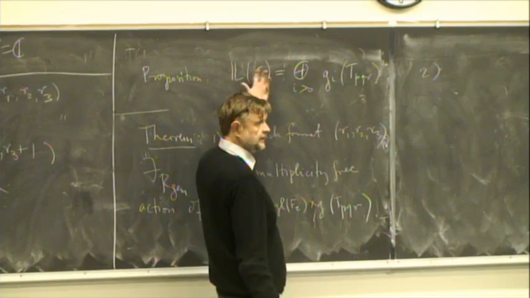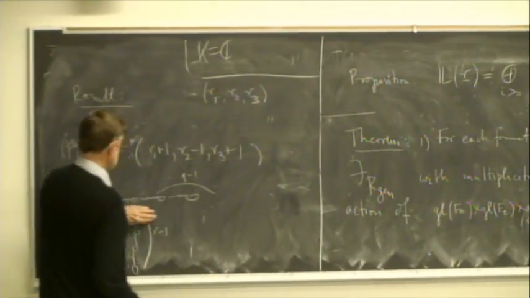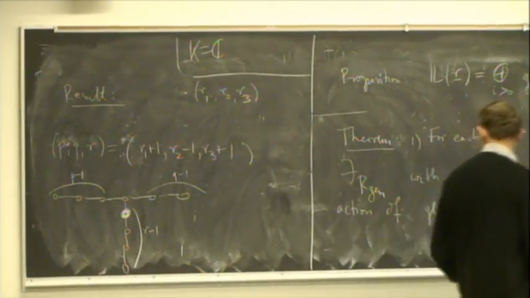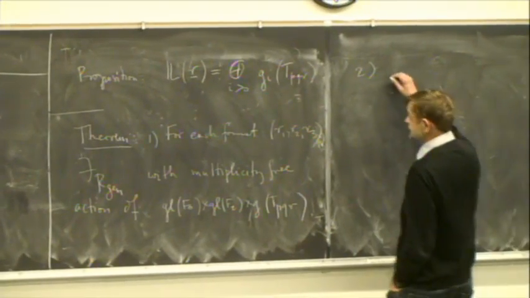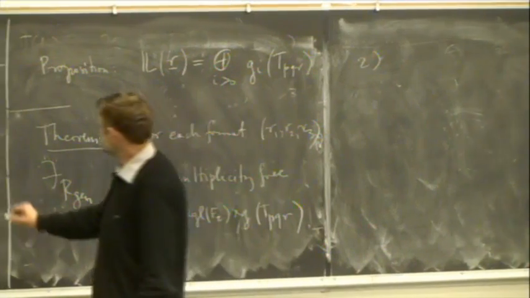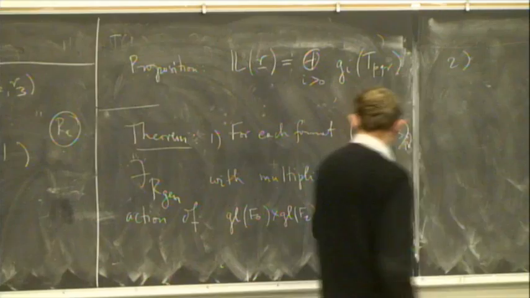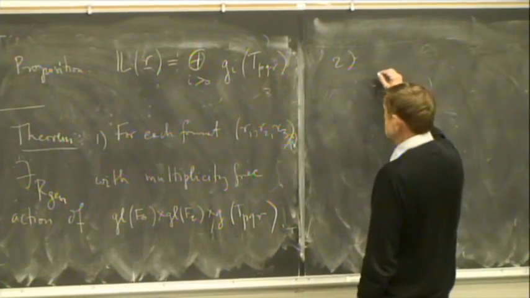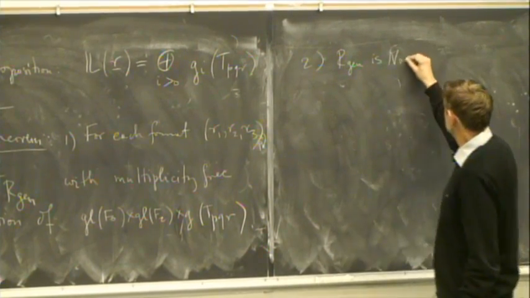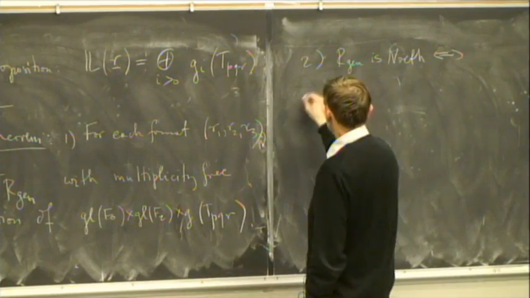There's a hidden symmetry here, beyond the GL(F1) cross GL(F3) actions that I would get from here. In fact, this ring exhibits bigger symmetry, and this can be used to prove that the lattice of weights is the same as the lattice of weights for this R, but you have to take a bigger representation. And second, of course, R generic is Noetherian if and only if T_PQR is Dynkin.